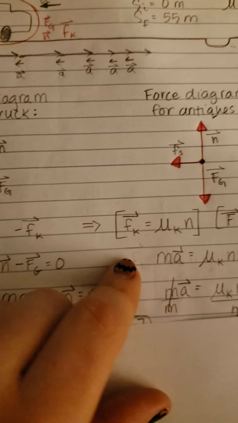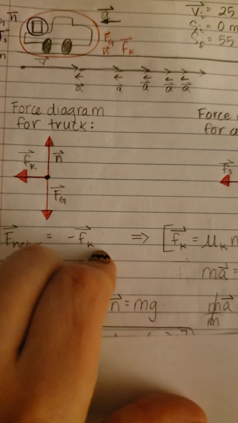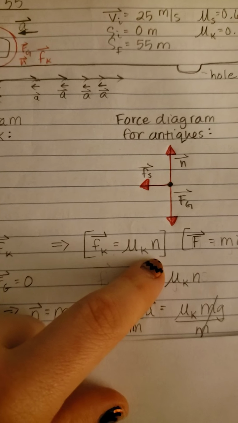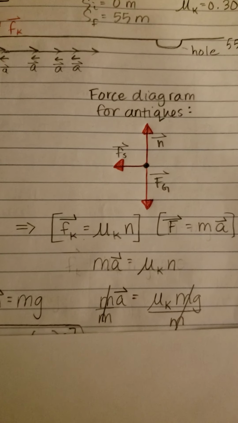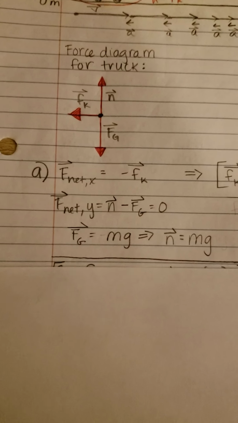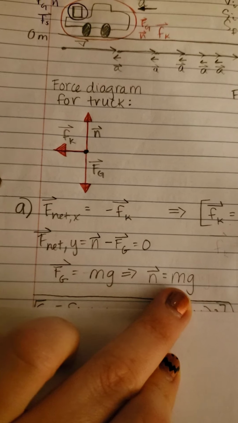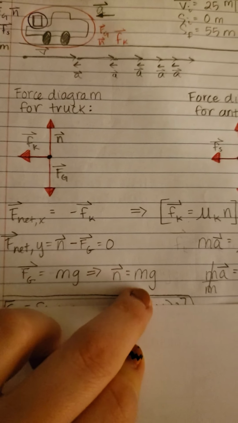And we know our equation for our kinetic friction is mu kinetic times N. And we know our force is equal to the mass times acceleration. So we know our N is going to be equal to mg because gravity is mg, so mg minus mg, we get 0.